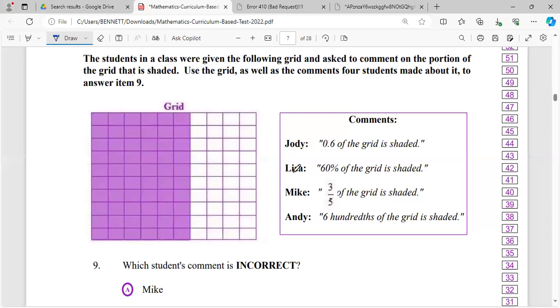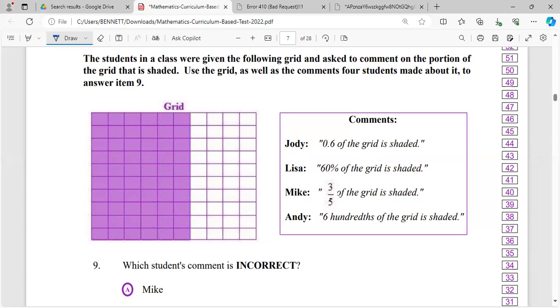Mike says 3/5 of the grid is shaded. While Andy says 6/100 of the grid is shaded. And they ask which student's comment is incorrect.